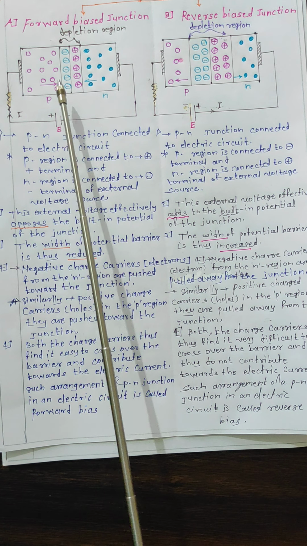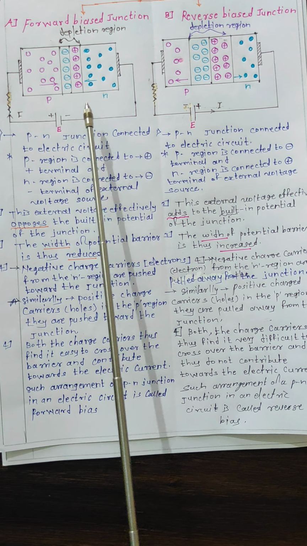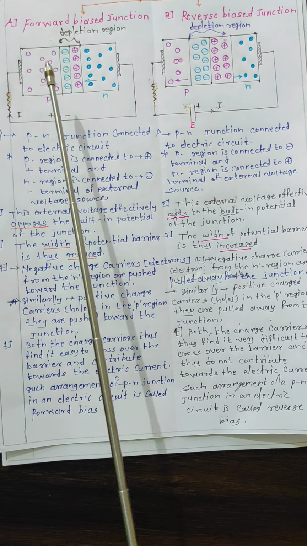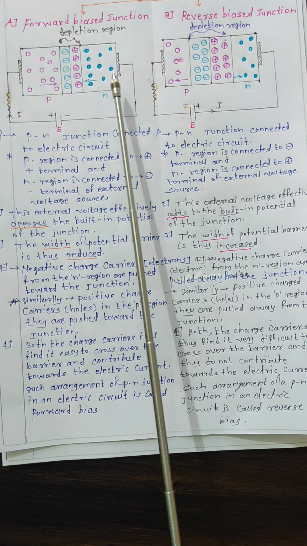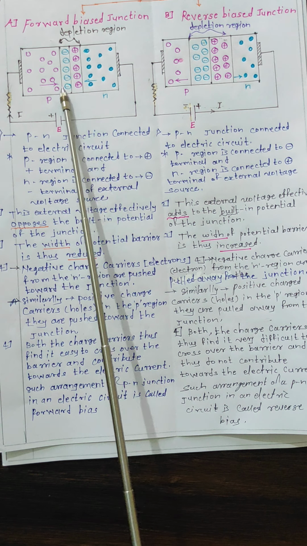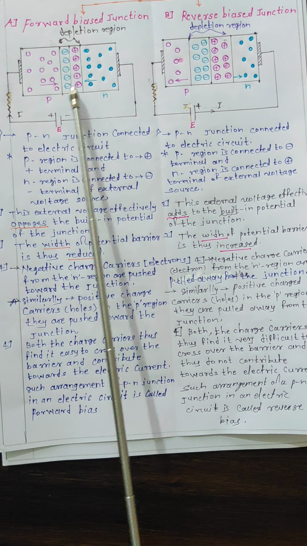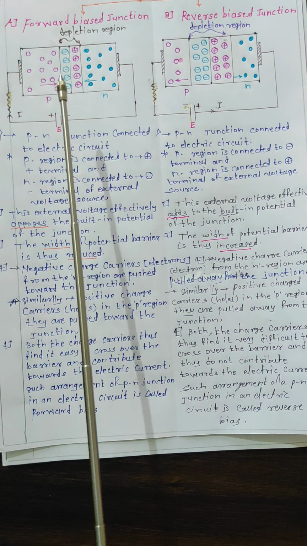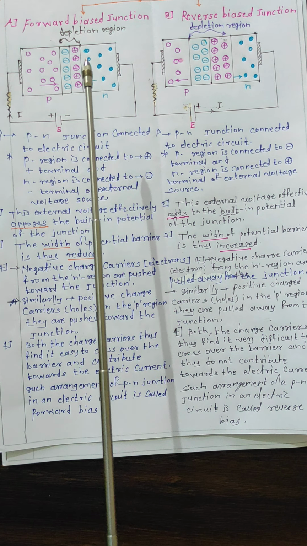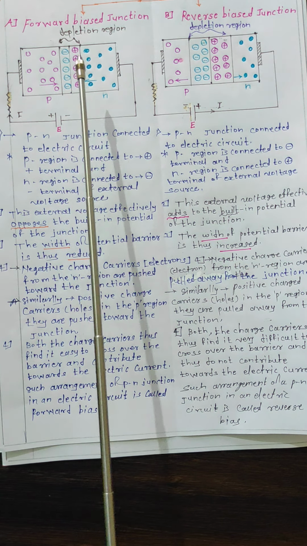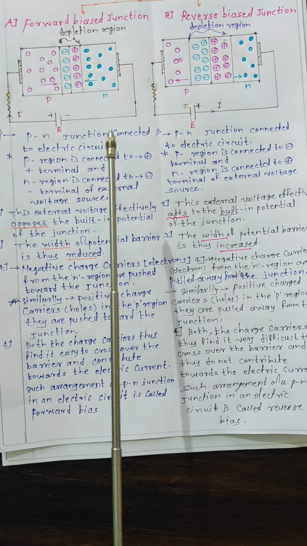That means the width of this potential barrier is reduced, and the negative charge carriers, that is electrons, from the n region are pushed toward the junction, and similarly the positive charge carriers, that is holes, in the p region are also pushed toward the junction. That means this depletion layer is reduced in the p-n junction.